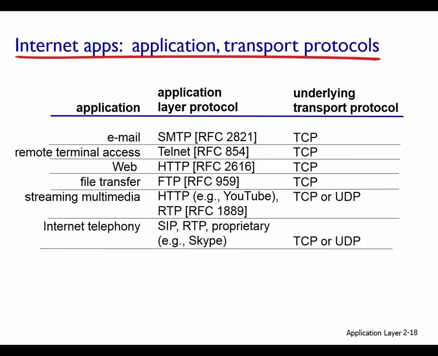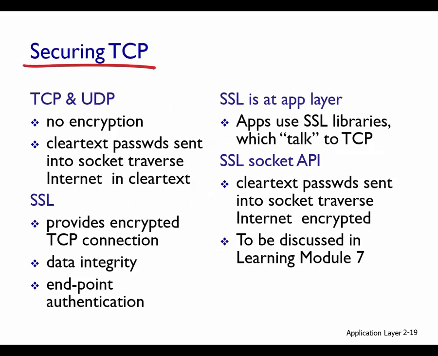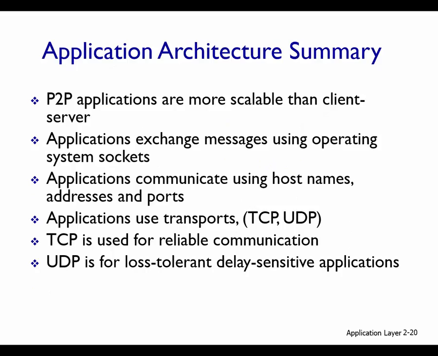So very often you end up using UDP to deal with the performance issues, and your application provides some of the services that TCP normally provides. When we get into multimedia, we'll address that in greater detail. Securing TCP, I'm going to skip this for now. We are going to talk about this in greater detail when we get to the cybersecurity section.